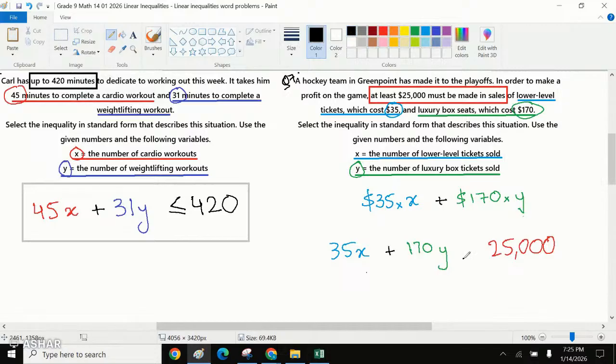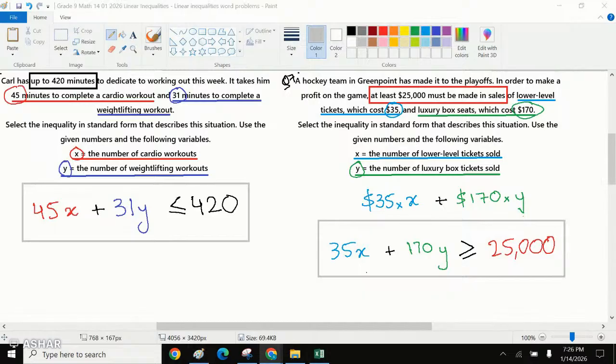So that means we have equal or greater. The sale generated by selling lower level tickets and the luxury box tickets should be equal to 25,000 or greater than 25,000. So this is the inequality that represents the revenue generated.